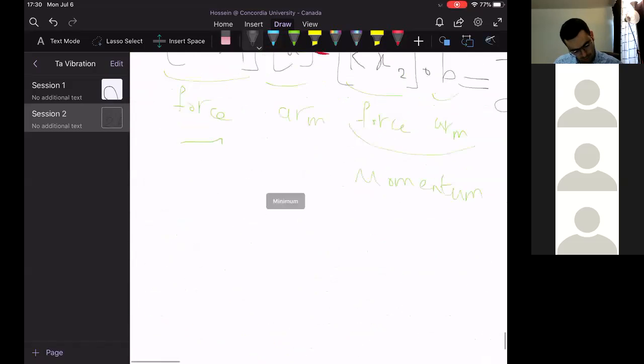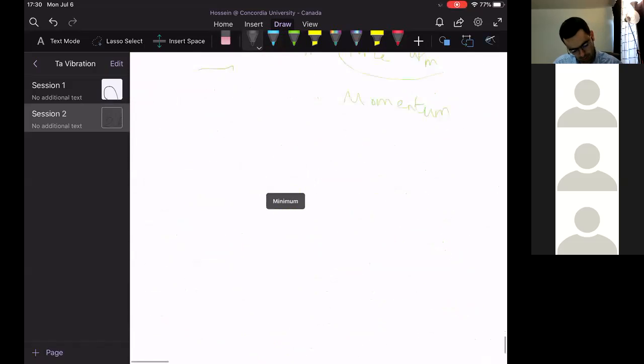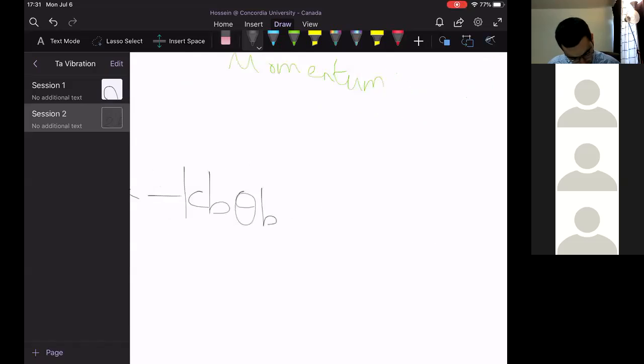So if you plug in x dot 1 and x2 as functions of theta, you will have minus c a theta dot times a, minus k b theta multiplied by b, equal to m a squared theta double dot.